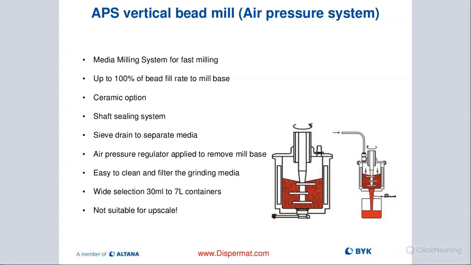That is your milled material. And then when you're finished, you just pop the drain plug back in place. At that point, you should only have the media left in that container. Add maybe a cleaning agent, either solvent or water base, and then run it again and drain it and rinse and repeat until you have a clean vessel. So this is a very easy way of milling.